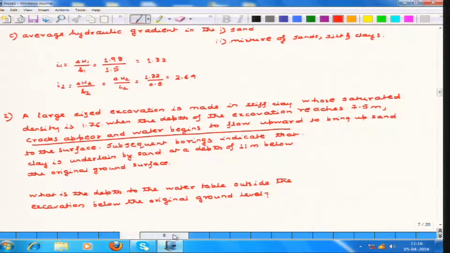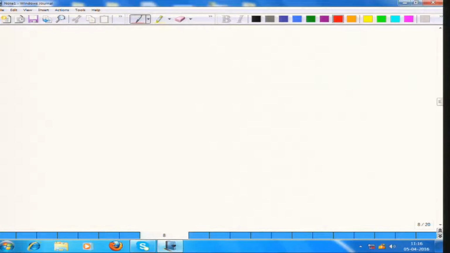Now, here also, before we start doing the problem, let us first discuss how making an excavation in clay affects the entire soil profile.